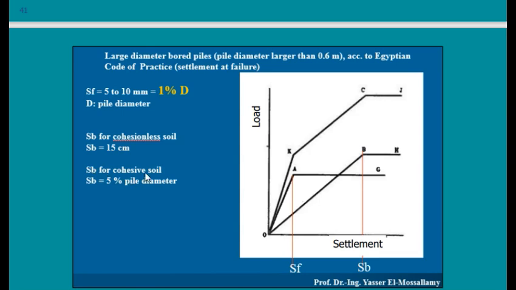If it is cohesive, then it will be 5% of the diameter. Then depending on the type of the soil, I either use this, use that, or use a number in between if I have a combination of two types of soil.